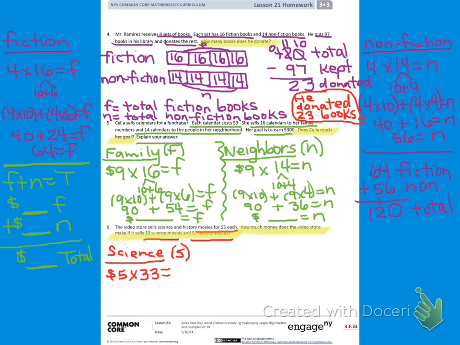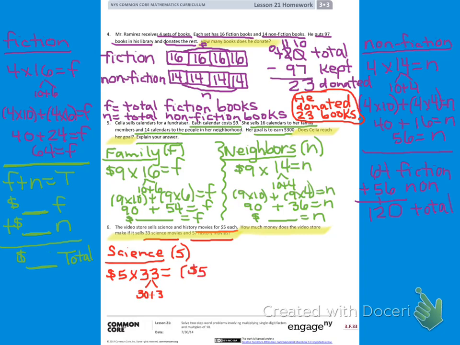We'll write that as being the same as, now I'll decompose 33 to be a 30 and a 3 and rewrite the equation this way.